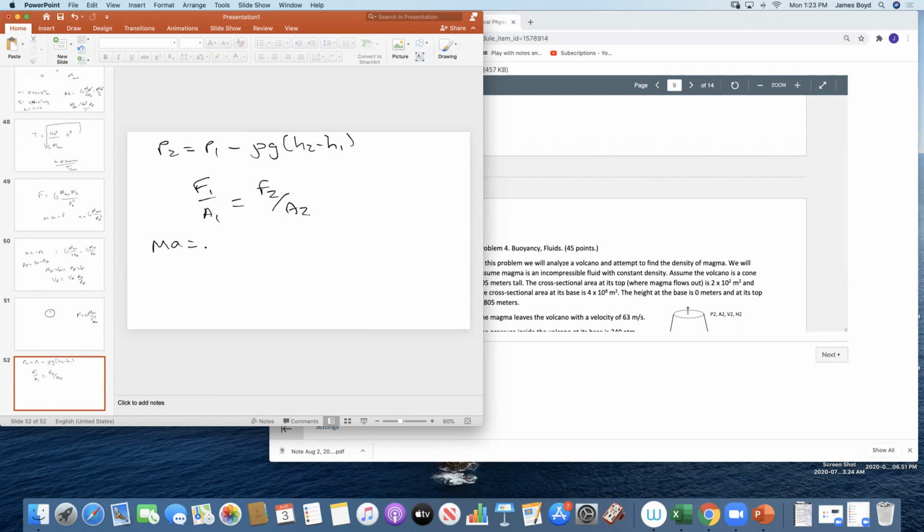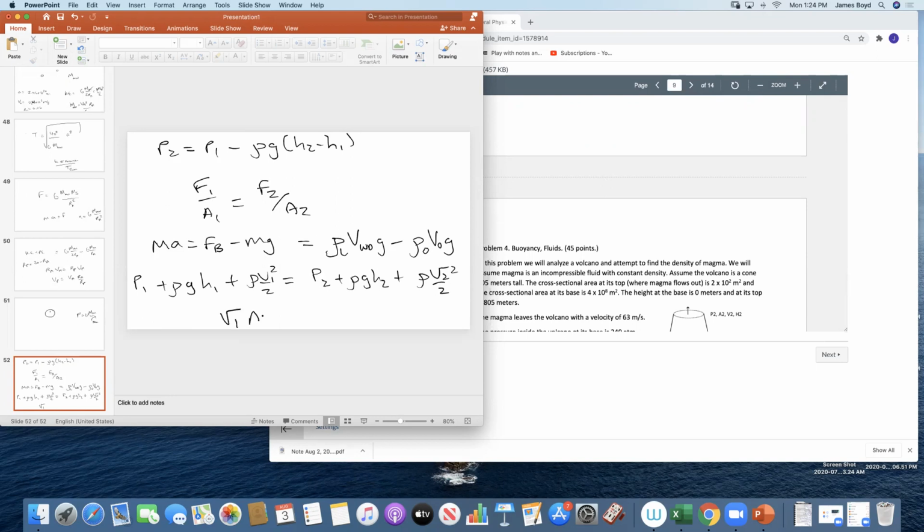Buoyancy, which is the density of the liquid times the volume of the water displaced times G, minus the density of the object times the volume of the object times G. And finally, static pressure 1 plus gravitational pressure 1 plus kinetic pressure 1 is equal to static pressure 2 plus gravitational pressure 2 plus dynamic pressure 2, where H has to be in the opposite direction of gravity, and the continuity equation.